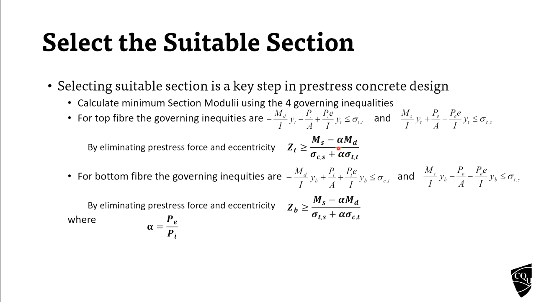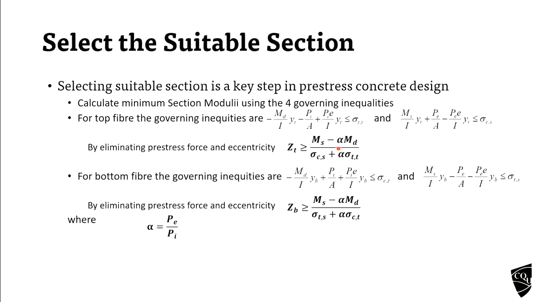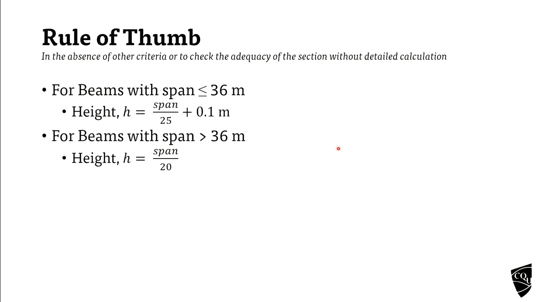Okay, so this is why normally we start. If you don't know the section, first you need to do this one. Then once you confirm, you go to the Magnel diagram. So that is the normal procedure. So let's look at some rule of thumb to assume the depth.